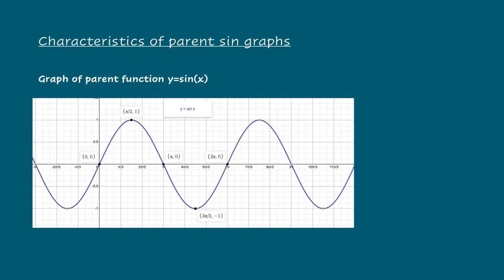Let's take a look at each one of these items more closely on the parent graph of sine, just to make sure we understand where each item is and how it applies to the parent function of sine. So if I'm looking at the parent function of sine, I'm looking at y equals a sine bx. All right.